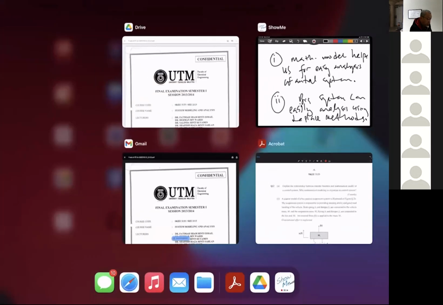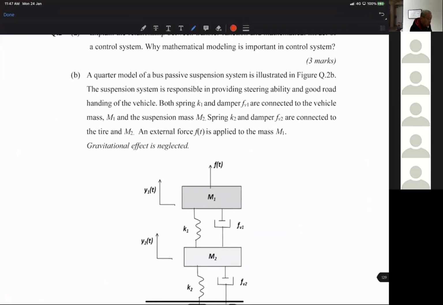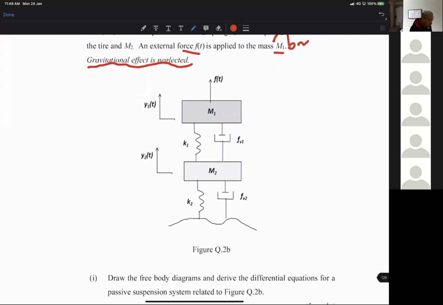So the next one is the mass spring and damper. Okay, for both K1 and FB1. So this one, can you change to B1? So that easy. Are connected to the vehicle's mass M1 and the suspension mass M2. Spring K2 and B2 damper, usually using B2, are connected to the tire and M2. External force F of T is applied to the mass M1 and gravitational effect is neglected, meaning that this one is a hanging system.